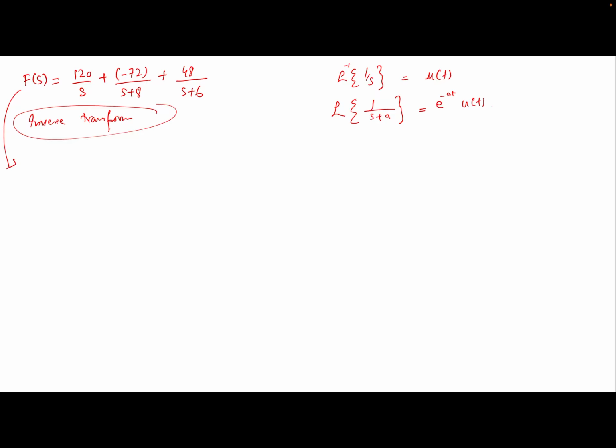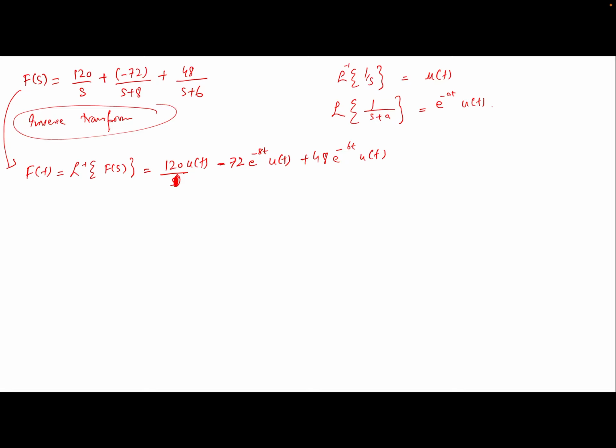I will get f of t, which is the Laplace inverse of f of s. 120 is a constant, it is 1 over s, so 120 times a unit step function, minus 72 is a constant, 1 over s plus 8 should be e raised to the power minus 8t unit step function, plus 48 e raised to the power minus 6t unit step function, right?